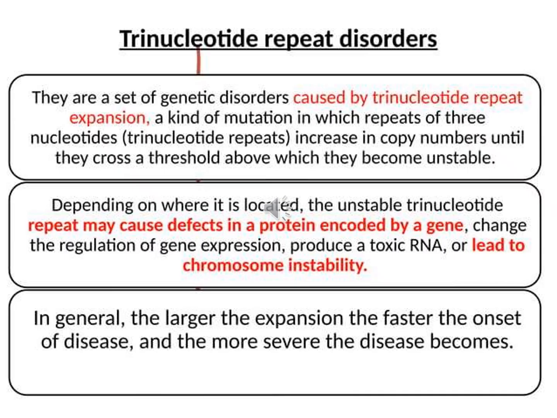So trinucleotide repeat disorders are basically caused by expansion of triplet sequences in the DNA, which can lead to progressive diseases due to protein toxicity or gene silencing, often showing anticipation.